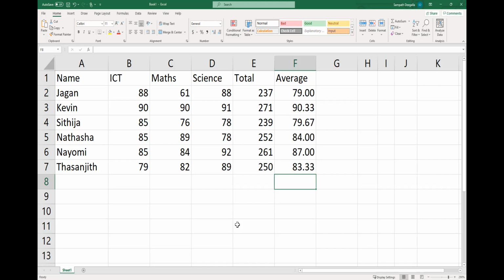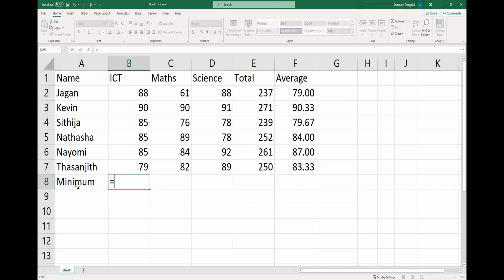But there's something called functions available in Excel. Now let's say I want to know the minimum marks, minimum marks for the ICT subject. For that, I can use built-in functions. The function to find the minimum is called min.